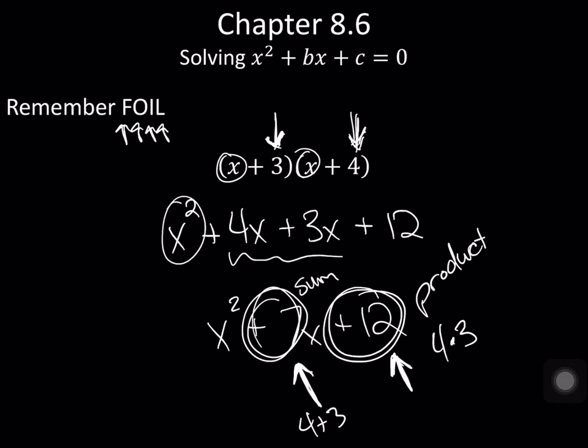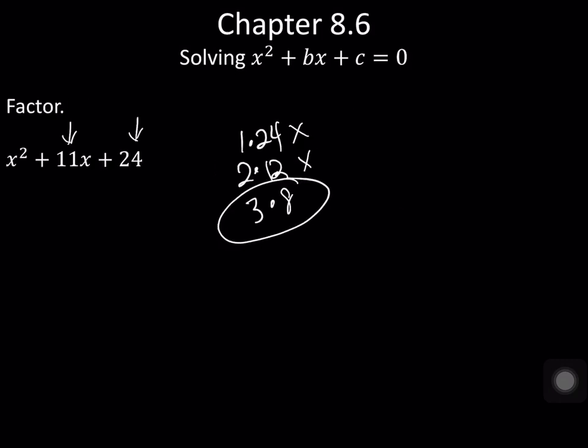The 12 and the 7 come from the 3 times 4 and the 3 plus 4. So this trinomial factors as x and x. And then since this is a positive 3 and a positive 8, it factors as x plus 3 times x plus 8.